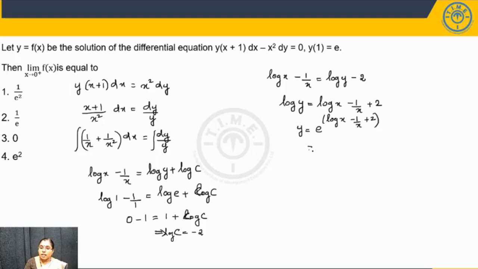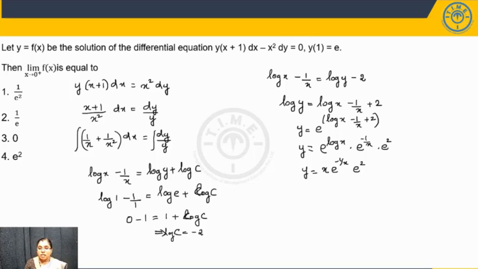Or let us write e^(log x) into e^(-1/x) into e². This is y. e raised to log gets cancelled and we get y equal to x into e^(-1/x) into e². Now we need the limit as x tends to 0+, that is the right hand limit as x tends to 0.